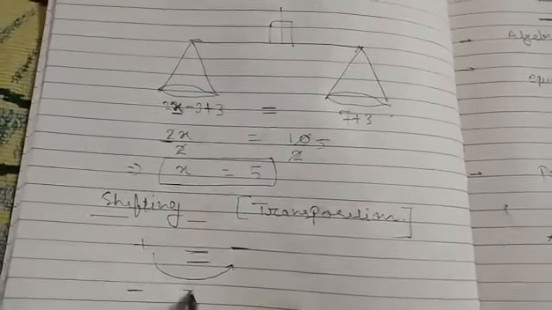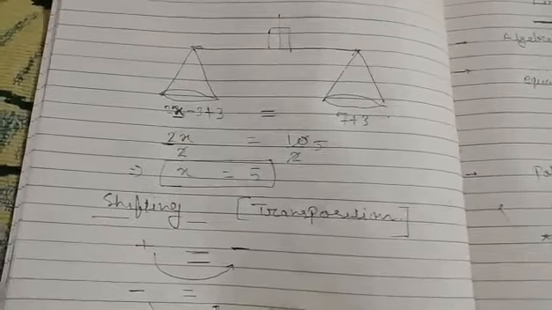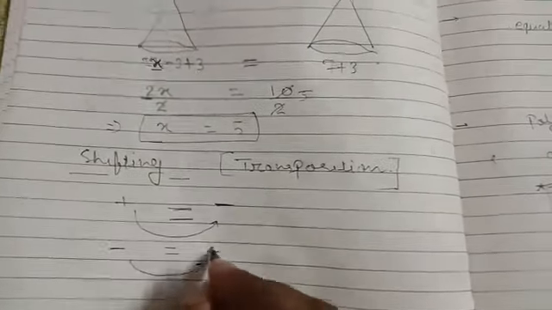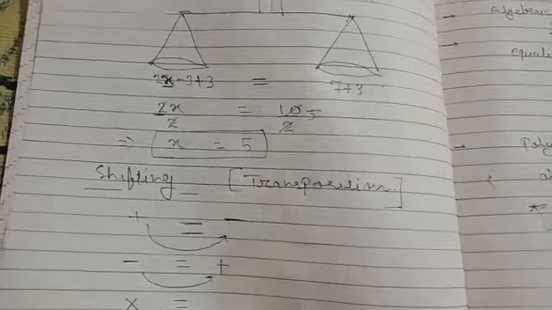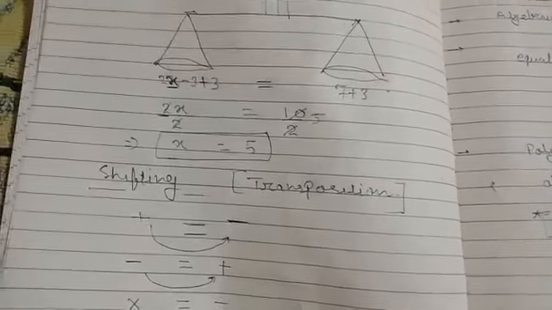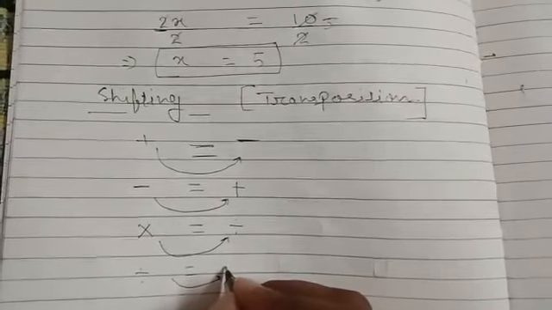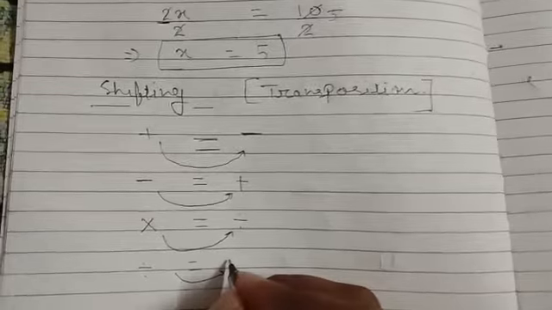If minus is crossing the river, it will be converted into plus. If multiplication is crossing the river, it will be converted into division. And if division is crossing the river, it will be converted into multiplication.